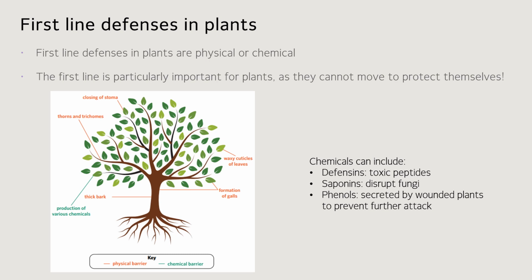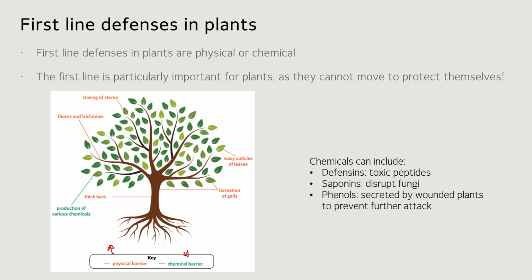The first line defenses in plants are mostly physical or chemical defenses. They're particularly important because plants cannot move to protect themselves. So if a pathogen comes to attack a plant, there's not really much they can do, so they really have to rely on these defenses. In the diagram here, I've got the physical in red and chemical in green.